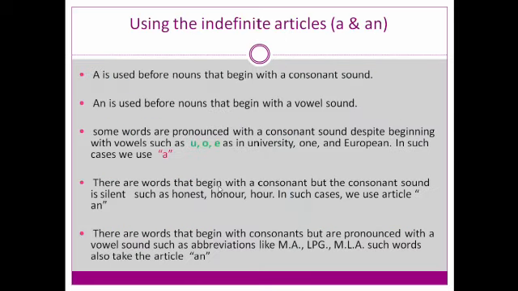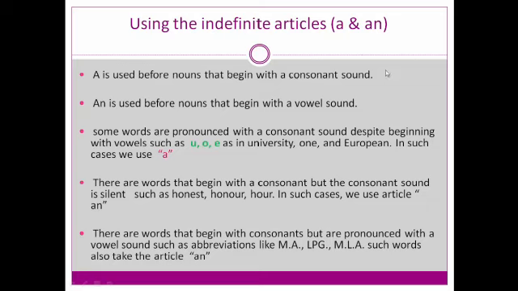Where do we use a and an? That is what we are going to study now. A is used before nouns that begin with a consonant sound. Just look at this phrase, consonant sound.